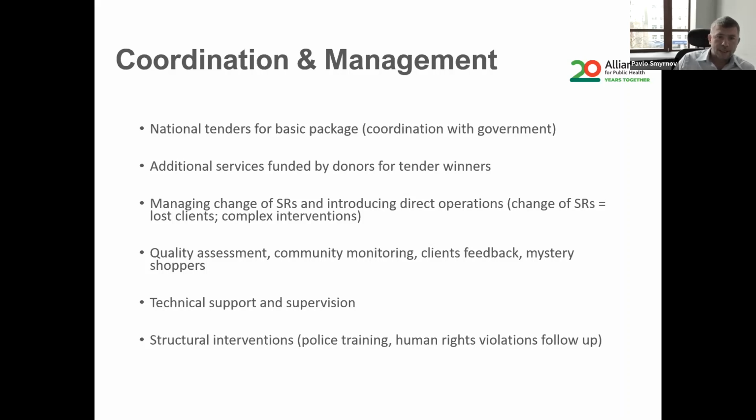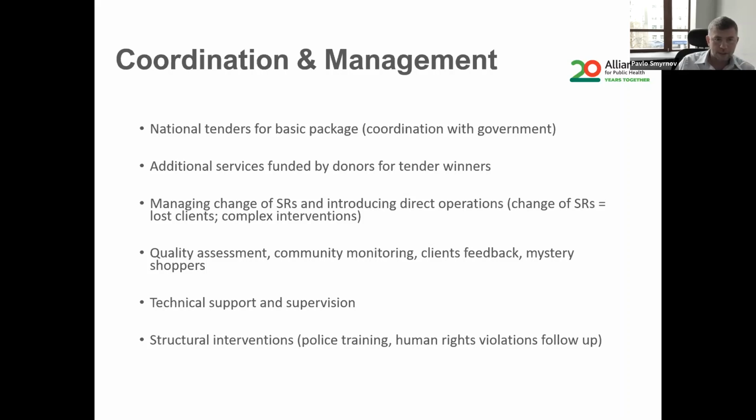Sometimes we need to introduce direct operations for complex interventions, like the mobile social network strategy which I described. It requires a lot of technical issues to be taken care of, like coupon management and payment incentives management.